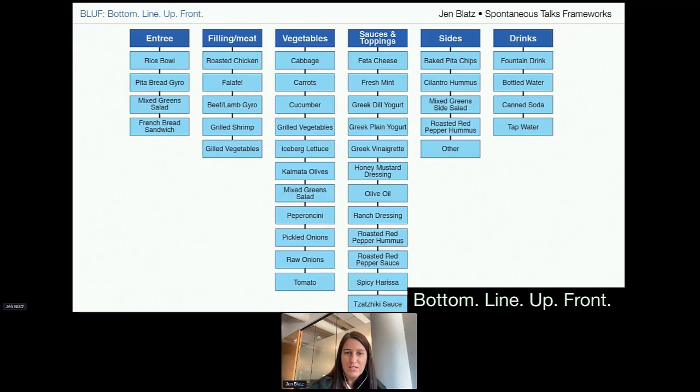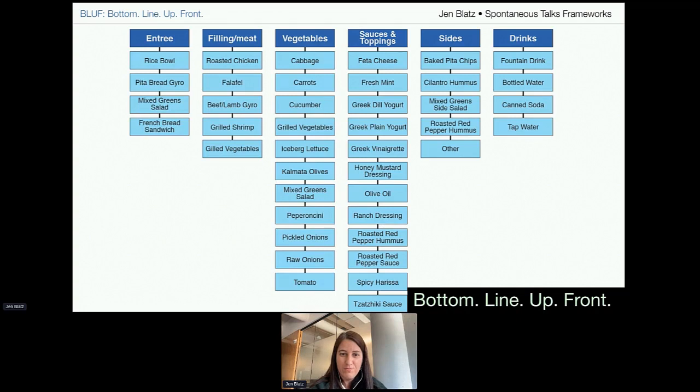So let's pretend I'm sharing some results of a card sort, and I'm sharing my final recommendations for a restaurant menu structure. So this is what I would say. Here's the final recommendation for the way the Greek Athena grill menu should be structured.